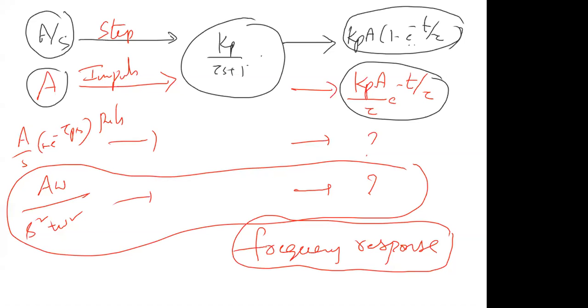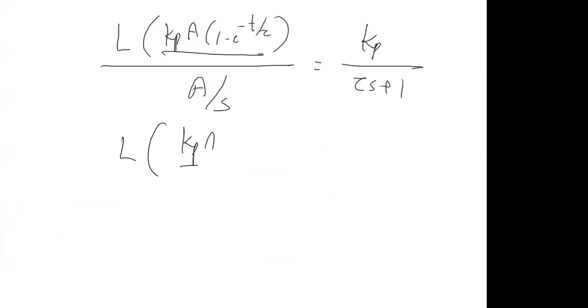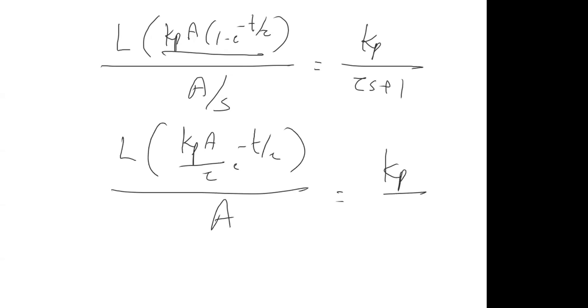Suppose you take the Laplace transform of Kp a into 1 minus e power minus t by tau, divided by a by s, the Laplace transform of the corresponding input, will you still get Kp by tau s plus 1? So the Laplace transform of Kp a by tau into e power minus t by tau, divided by a, is still Kp by tau s plus 1.